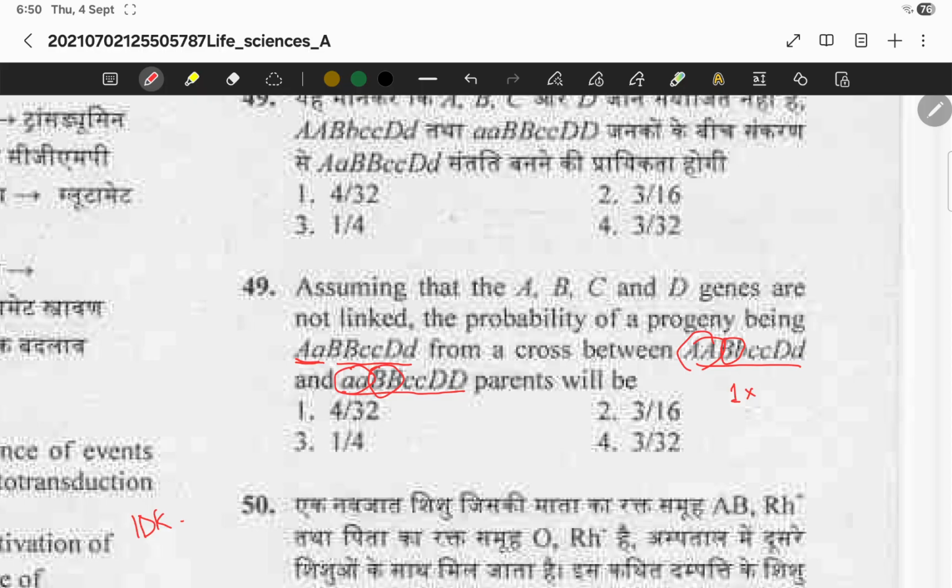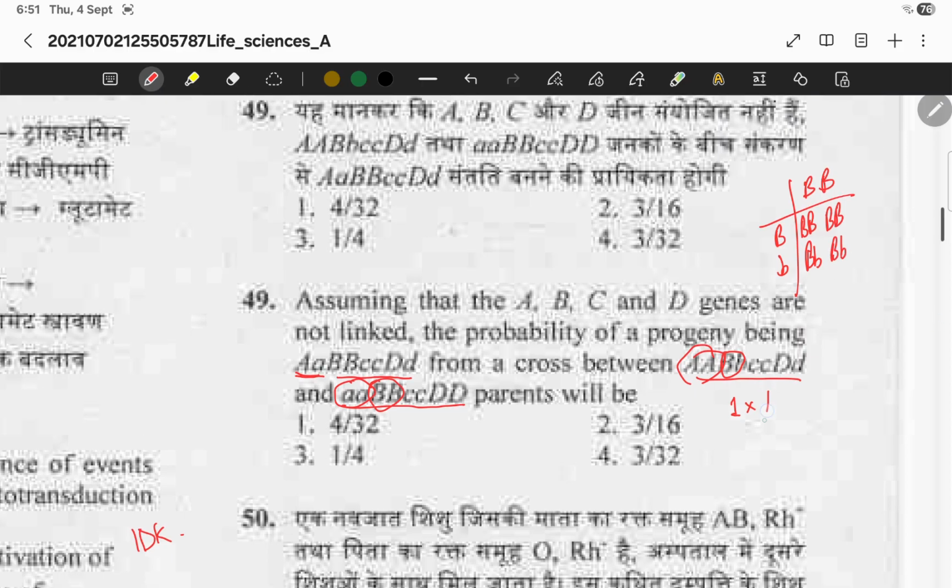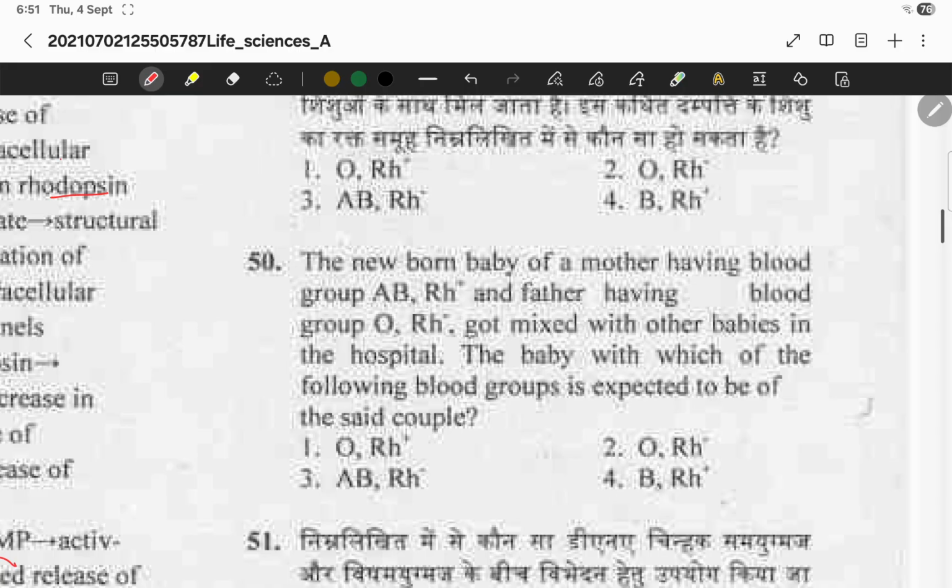For the second one, capital B capital B with capital B small b, so it's BB, BB, Bb, Bb. So it is 1/2. Now CC will give CC only, so it is 1 again. Now DD is similar to this and it gave this one, it is also 1/2. So my answer is 1/4. I don't know if there is a different kind of mathematics going on, then it will be different, but for me right now it is 1/4.